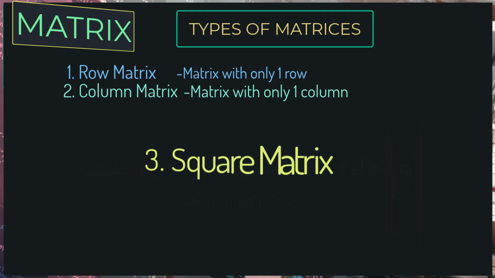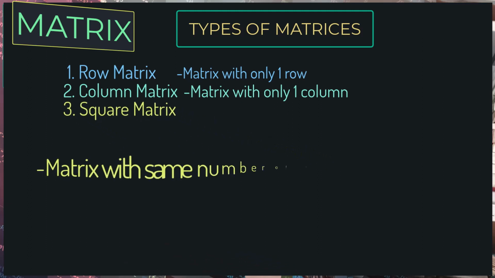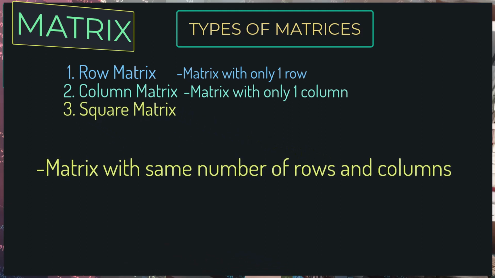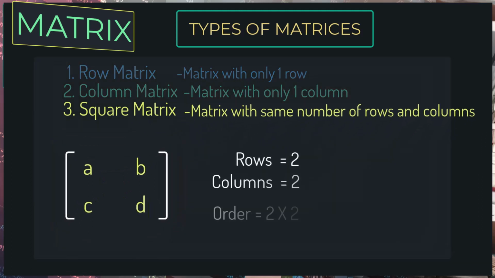Third type is a square matrix. As in a square, the length and breadth are equal. In a square matrix, number of rows and columns are equal. This is a 2 by 2 square matrix having 2 rows and columns.